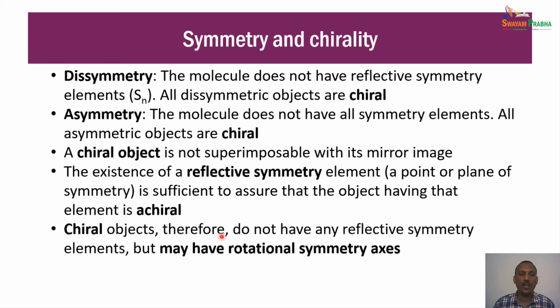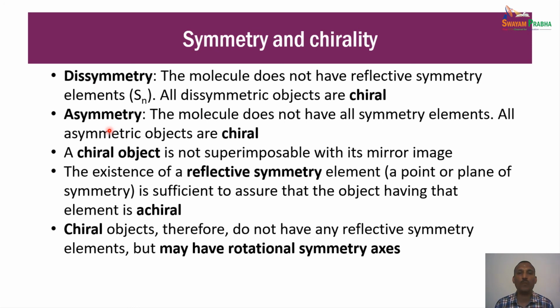Similarly, chiral objects do not have any reflective symmetry elements, but they may have a rotational symmetry axis in some cases. So these are all the relationships between symmetry and chirality. All chiral compounds should not have any reflective elements of symmetry. So that is where we say dissymmetry or asymmetry of a molecule.